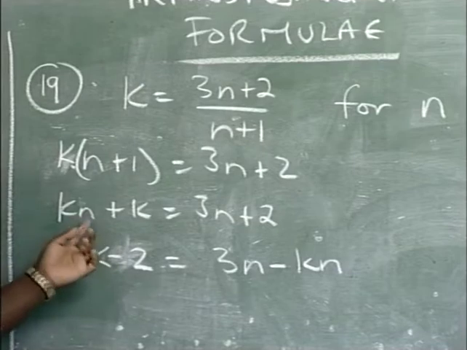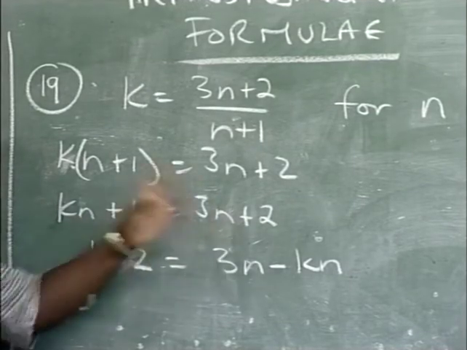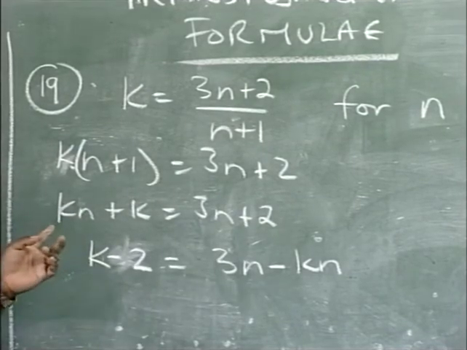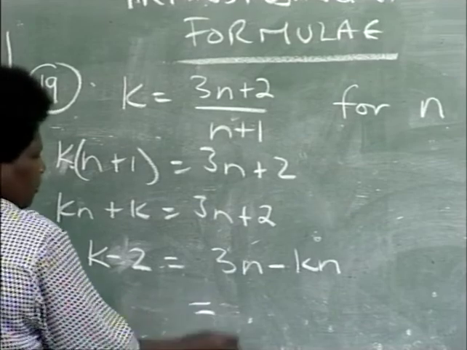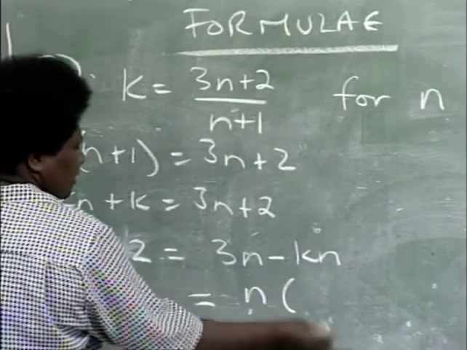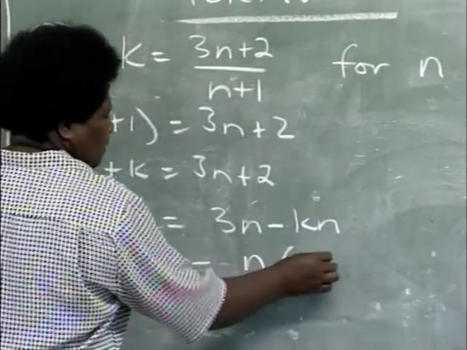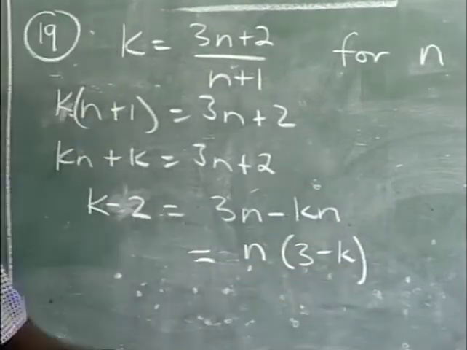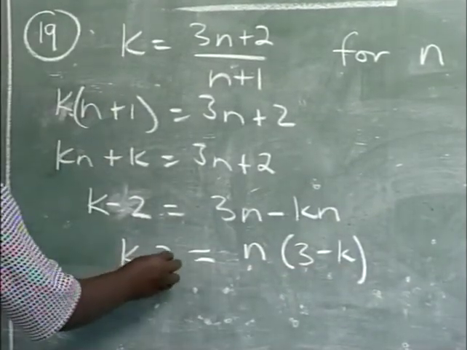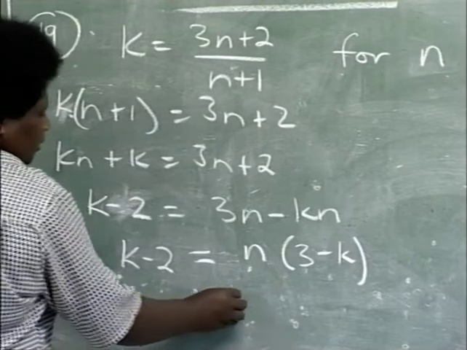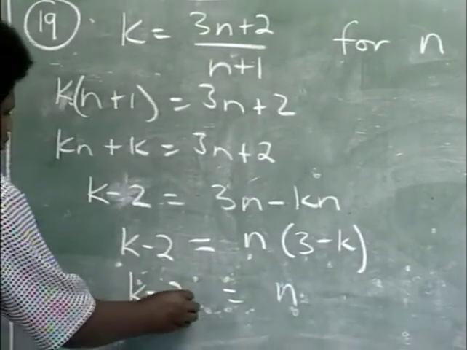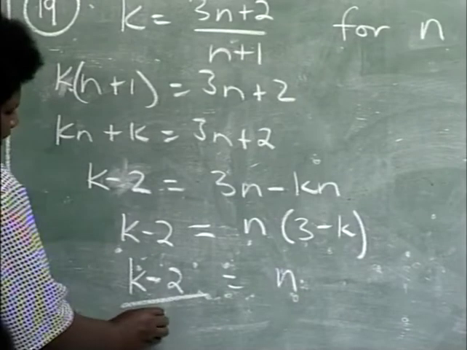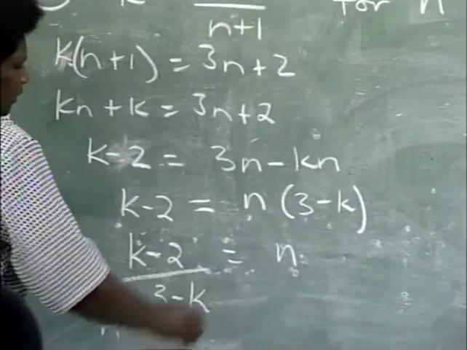So you can subtract kn on both sides and subtract 2 on both sides. Let's just move from one side to the other with the opposite sign. Okay, now I have to factorize this. n times 3 minus k equals k minus 2. And so n is equal to k minus 2 over 3 minus k.